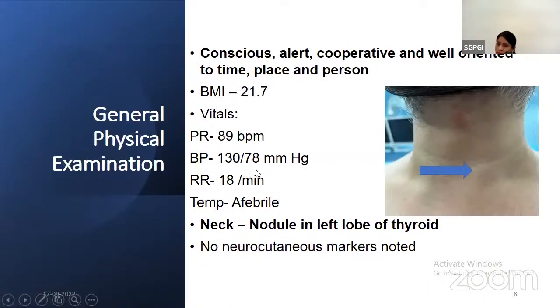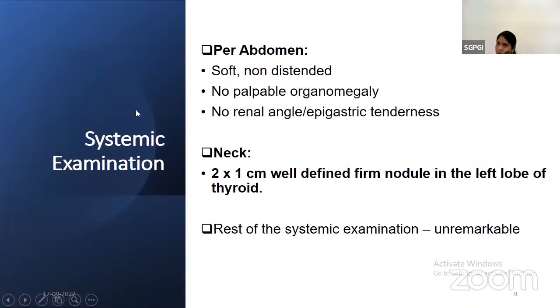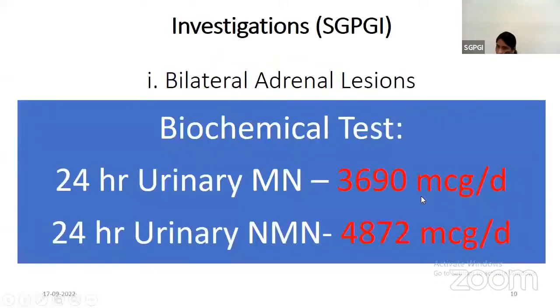On general examination, the patient was conscious, alert, and cooperative, and vitals were within the normal range. Neck examination showed a nodule on the left side of the thyroid. Abdominal examination showed no significant organomegaly.